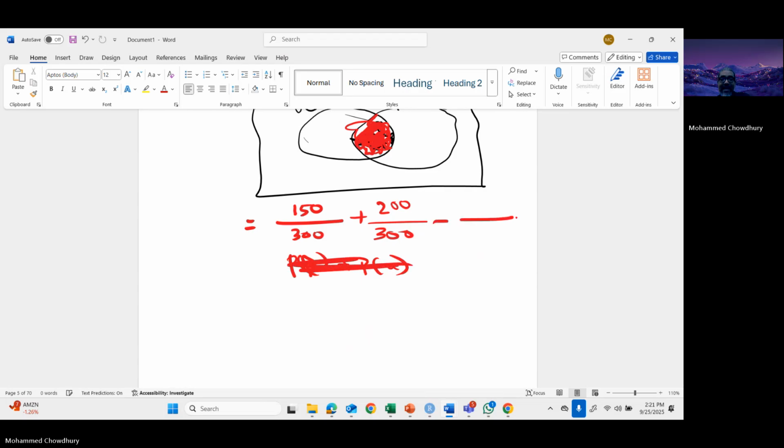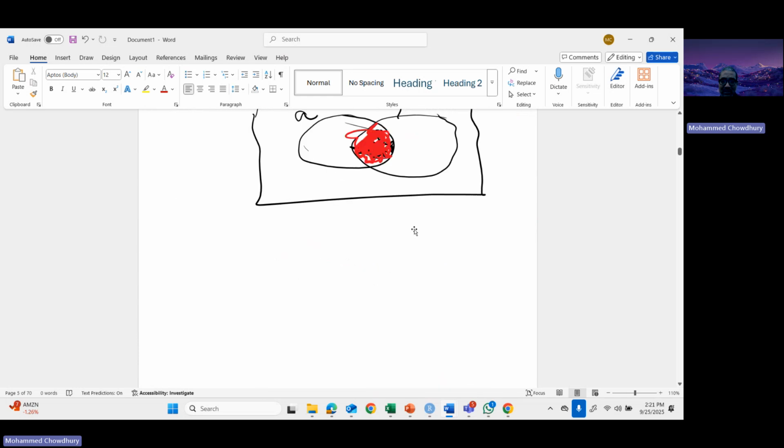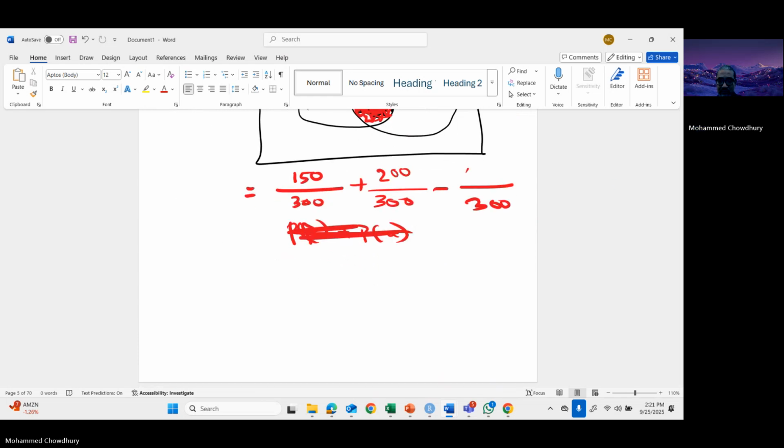Minus adult and player, which is equal to 100, right? Adult and player is 100.